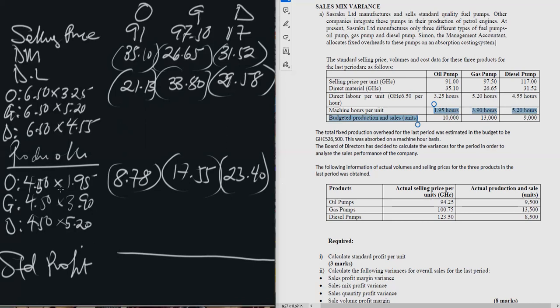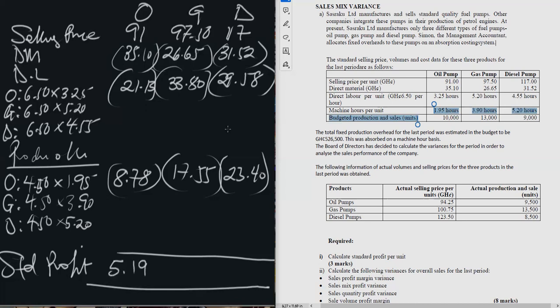But note, in marginal costing, your standard profit is the contribution because we don't have fixed cost per unit in marginal costing. So it ends at your contribution. So you have 35.1 minus 21.13 minus 8.78, which ends up with a standard profit of 5.19.